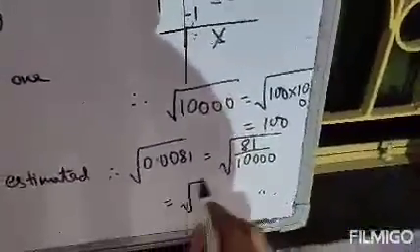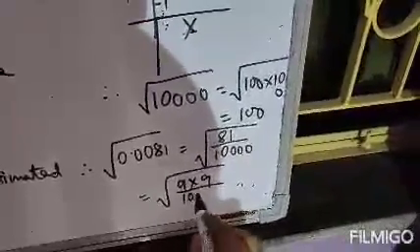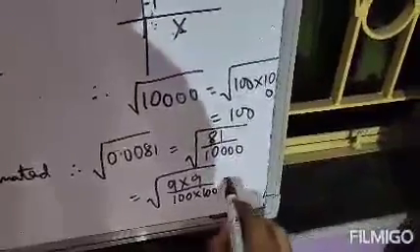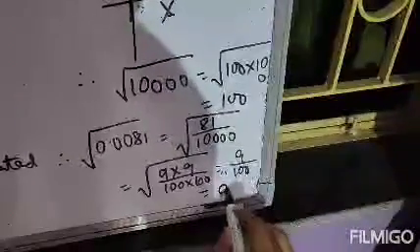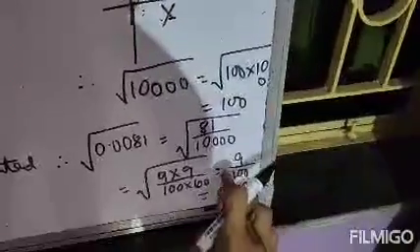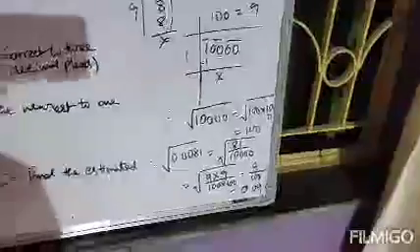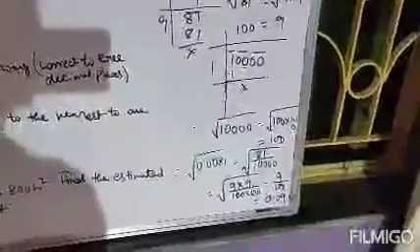Your answer will be 9 into 9 and 100 into 100. The answer is 9 by 100. So the final answer will be 0.09. This is your answer. The final answer will be 0.09, 9 by 100, and these 2 zeros, so therefore the answer will be 0.09. Clear? So this question is complete.